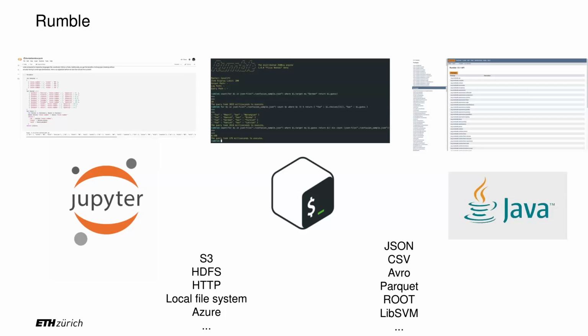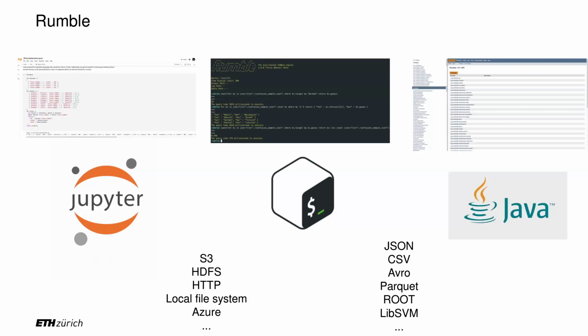So RumbleDB works with S3, HDFS, even HTTP, even though that comes with a warning, HTTP is not going to work in parallel, right? Because HTTP is not a full infrastructure with blocks and so on, right? So if you read from HTTP, it's just downloading it and that's it. Local file system, it can read in parallel. In fact, it can use the cores of your machine. Even on a laptop, it can be fast, just not as much as in a data center.